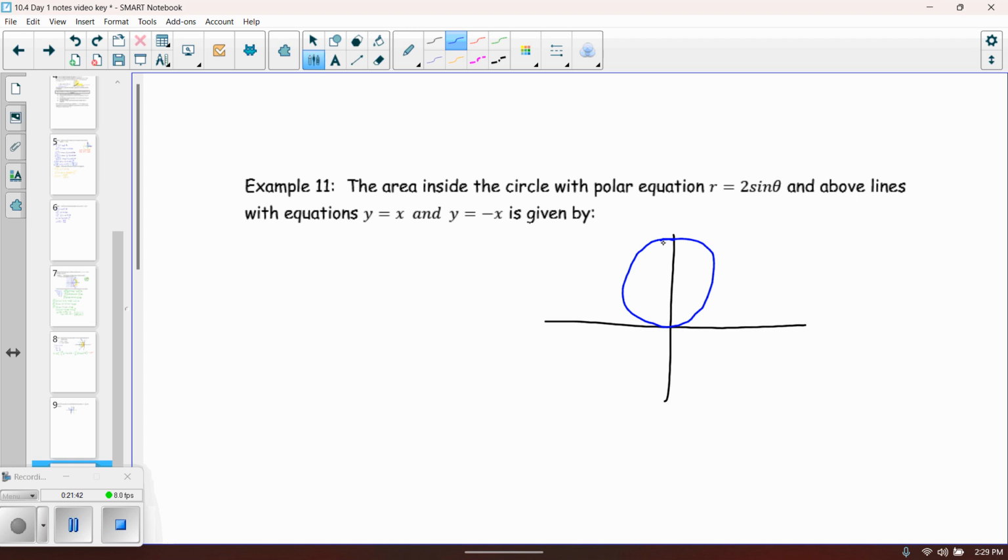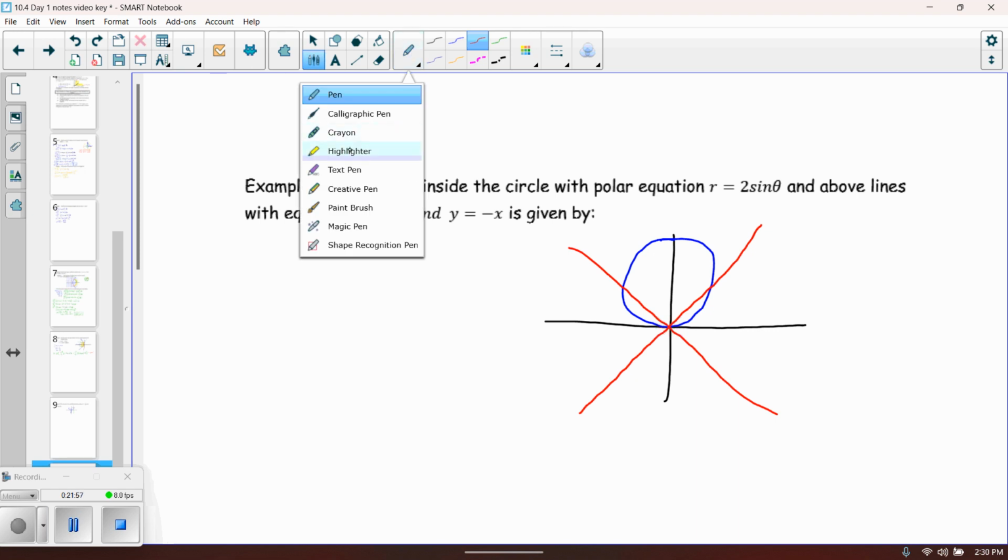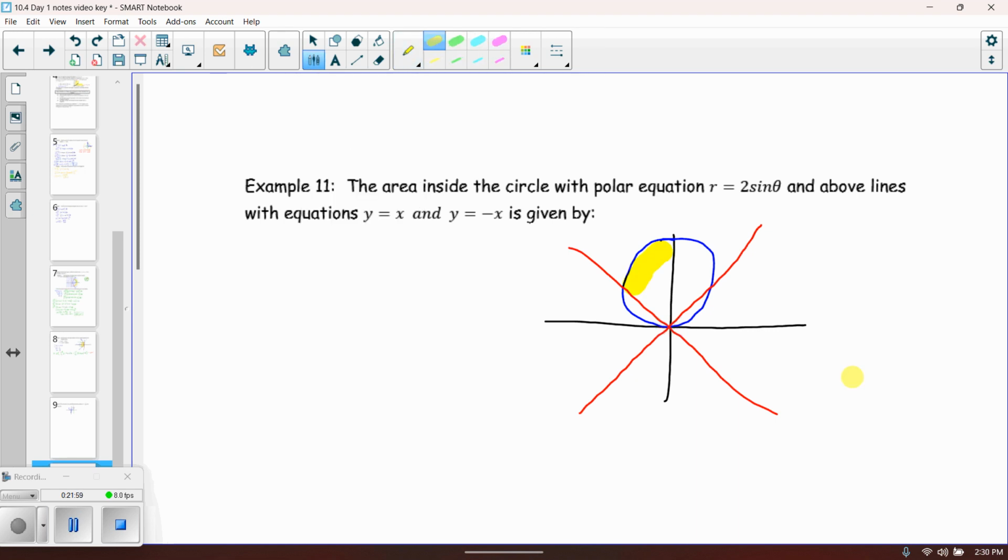And then y equals x and y equals negative x, those are your 45-degree lines, which cut through like this. And it says to find the area that lies above those two lines. So really what we are looking for is this area up in here.